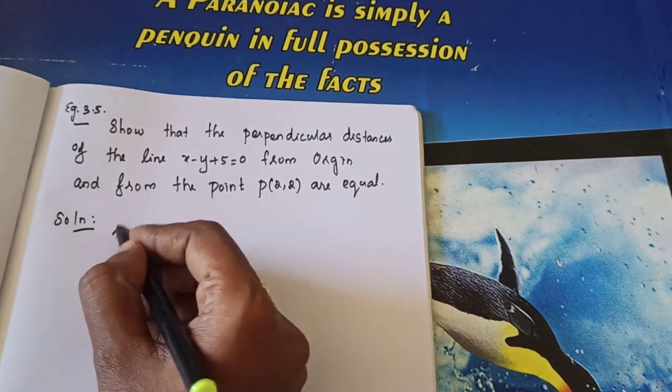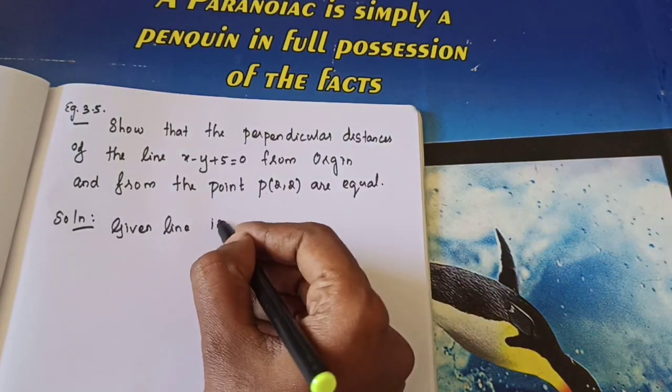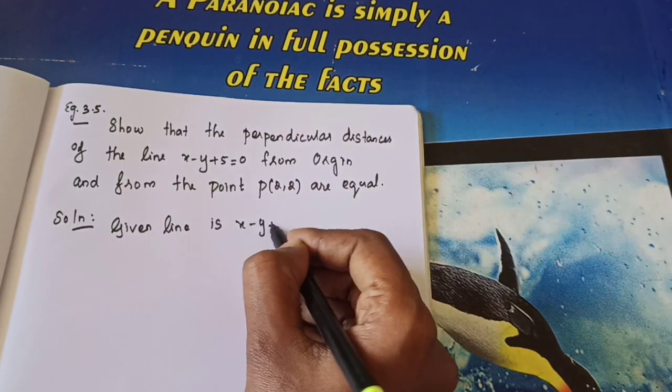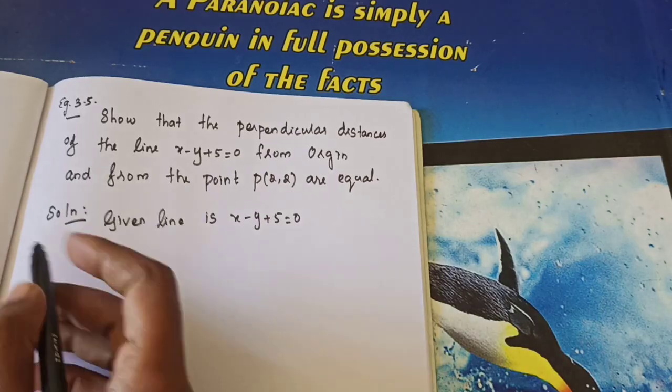Solution. What's the given line? x minus y plus 5 is equal to 0. First we will find the perpendicular distance from the point to the line.